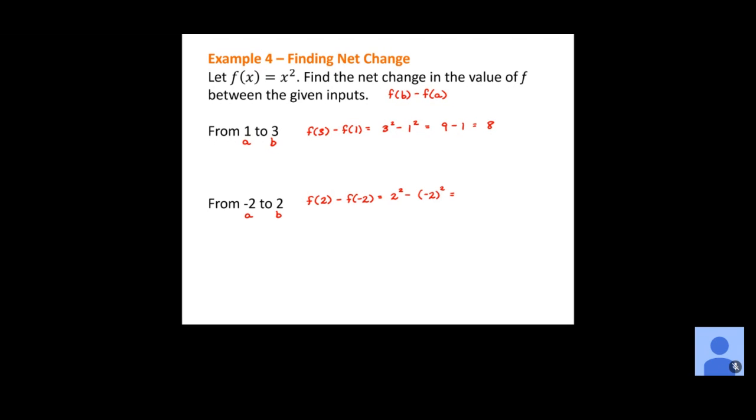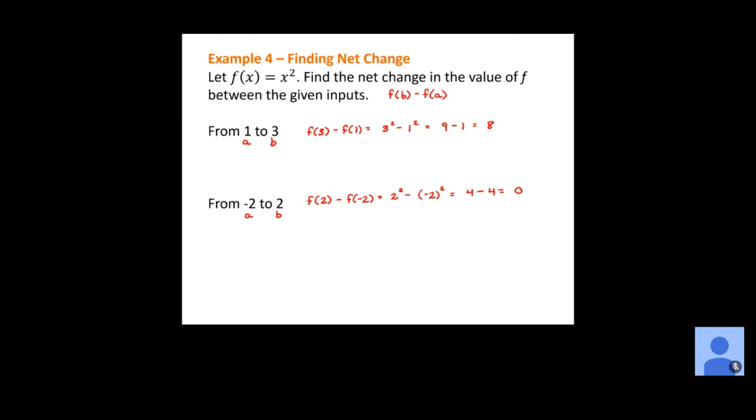What's 2 squared going to give us? +4 minus, and then what's -2 squared? Also 4. And so what's our net change going to be this time? 0, right? So 4 minus 4 is 0.